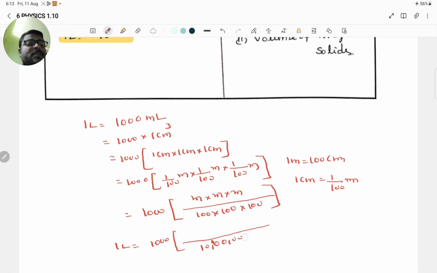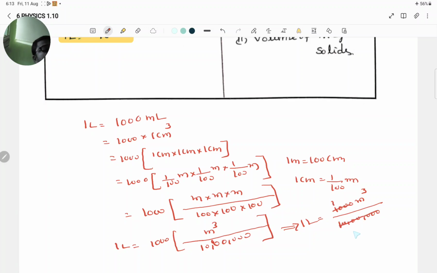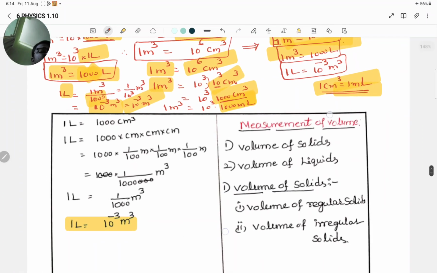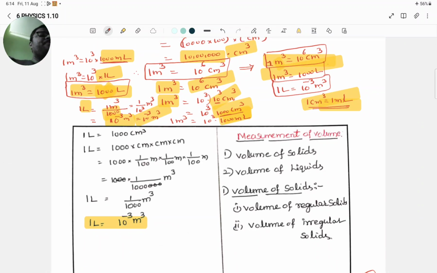So 1 liter is equal to 1000 meter cube divided by 10 lakhs, which is meter cube divided by 1000, meaning 1 by 1000, that is 10 to the power of minus 3 meter cube. This is the conversion. In both cases we get 1 liter is equal to 10 to the power of minus 3 meter cube.